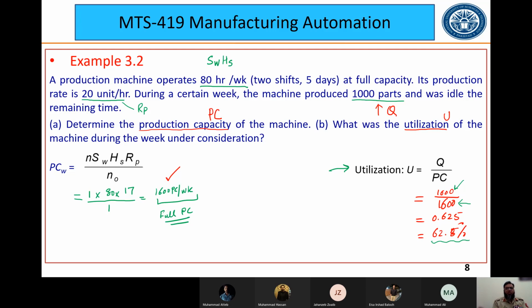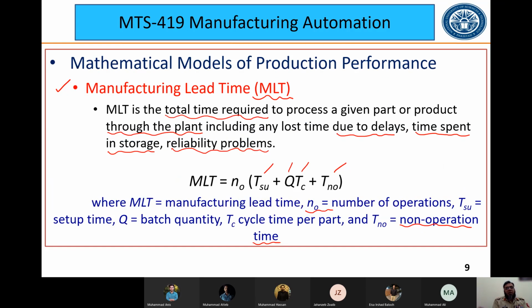This is how we can know how much utilization we have for a certain machine which is producing 1000 parts in a week, and had a capacity of making 1600 parts in a week. So this gives you an idea of how the plant capacity and the utilization can be linked together.